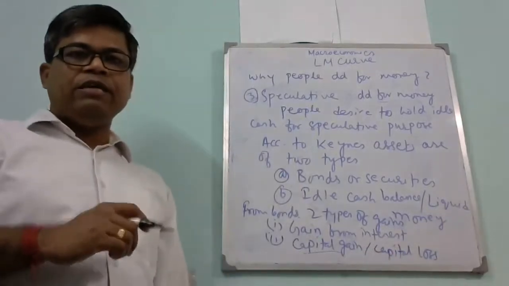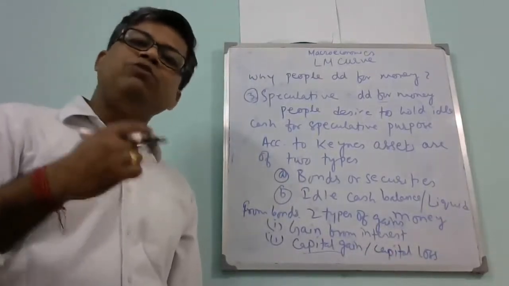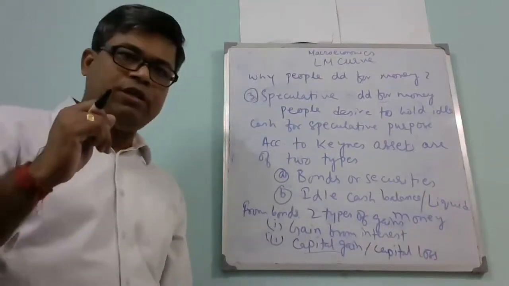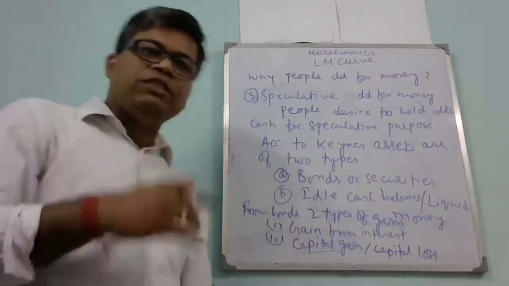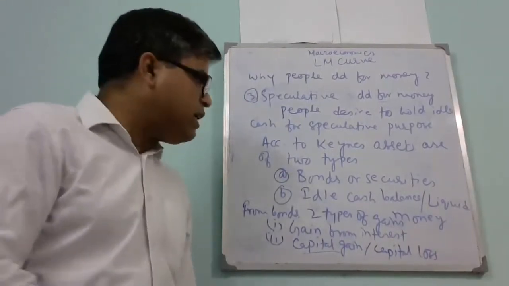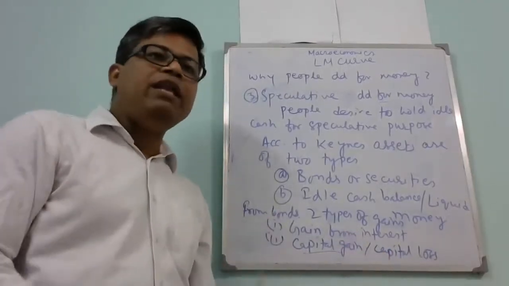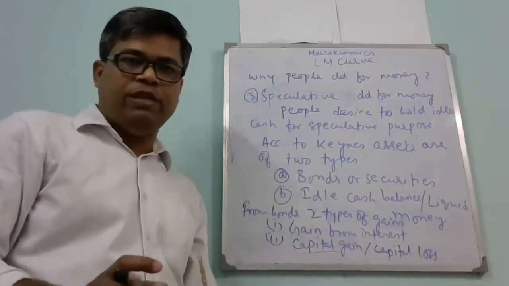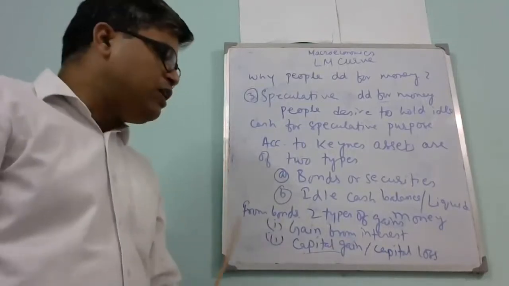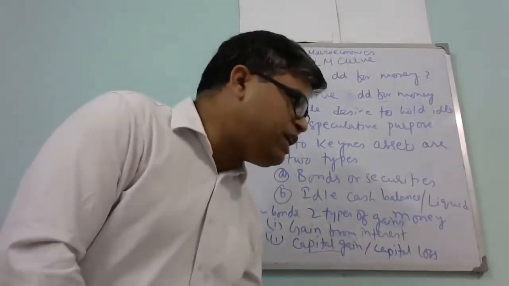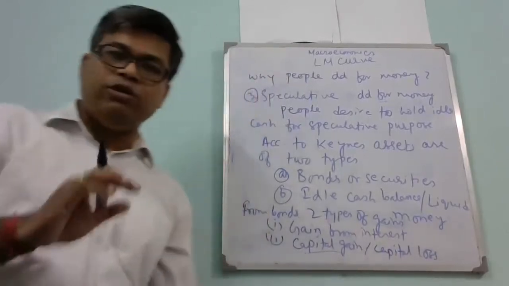Still, the asset holders will prefer holding their asset in the form of bonds. But there is another possibility: if the capital loss overshoots the interest gain, then ultimately there will be an overall loss. So these three possible cases are there for holding the asset in the form of bonds.